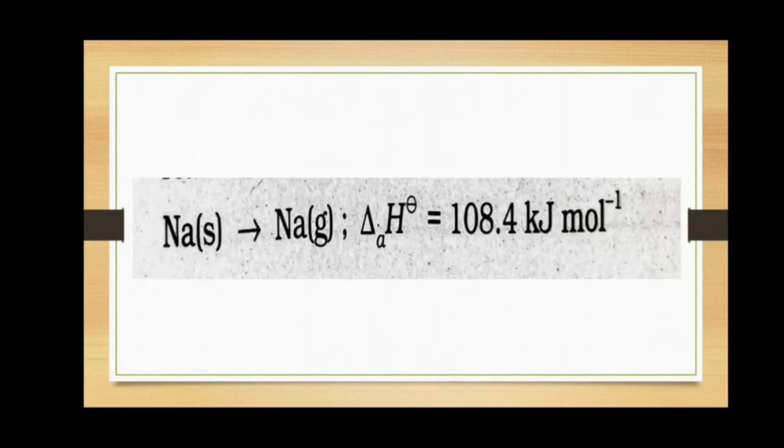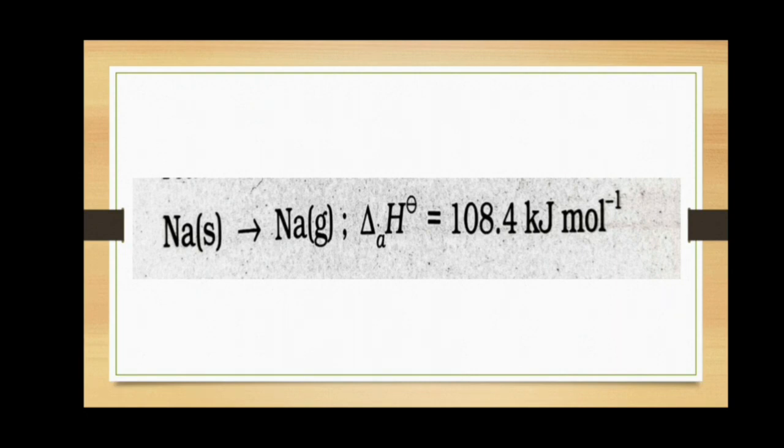There are many other examples of enthalpy of atomization, where the products should be in the form of atoms and in gas phase. Consider this reaction: sodium in solid phase gives sodium in gas phase. The enthalpy of atomization is also given.